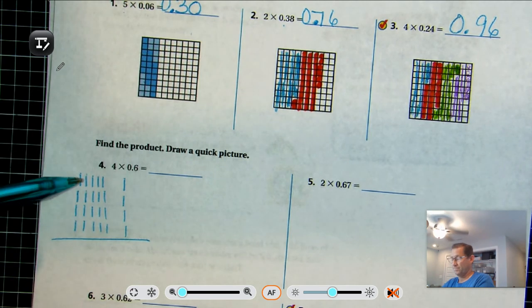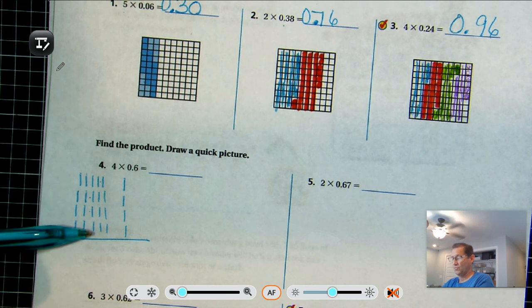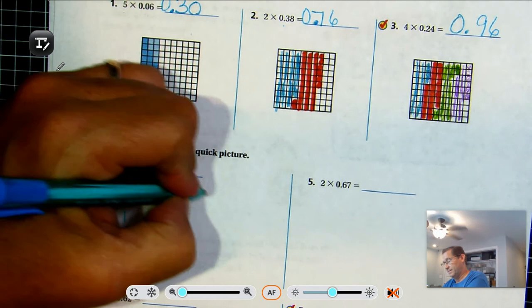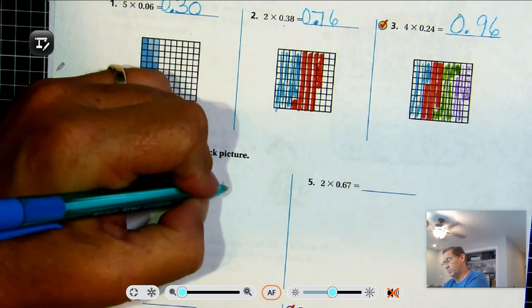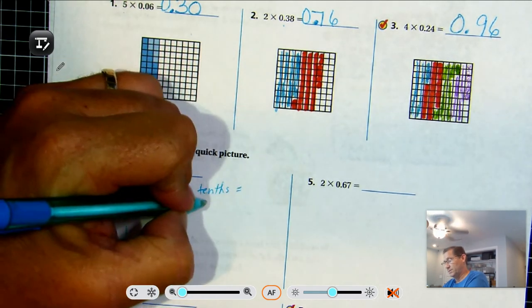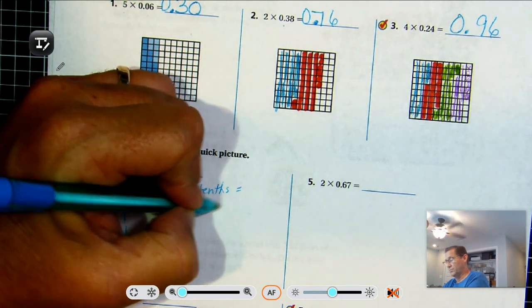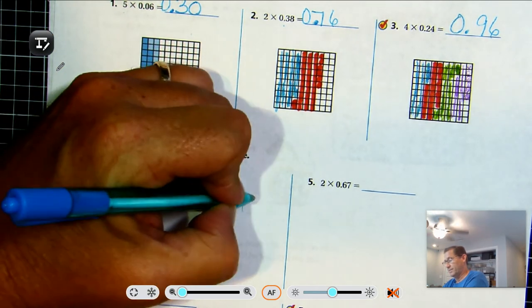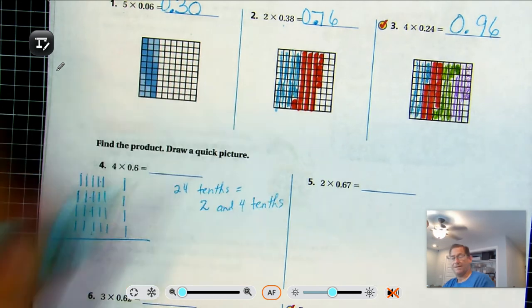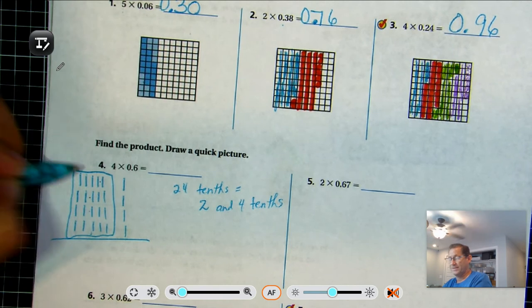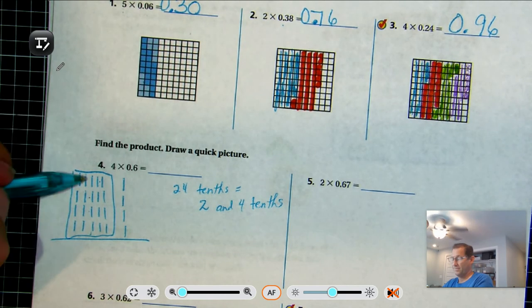Well, 5, 10, 15, 20, 24 tenths. 24 tenths equals 2 and 4 tenths. So we can take 20 of the tenths, 5, 10.